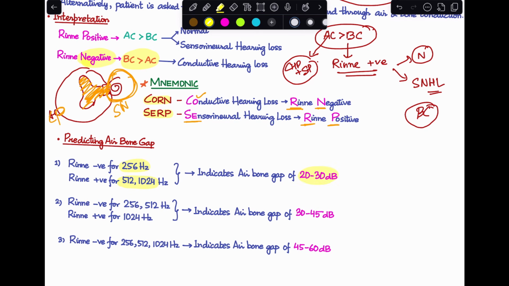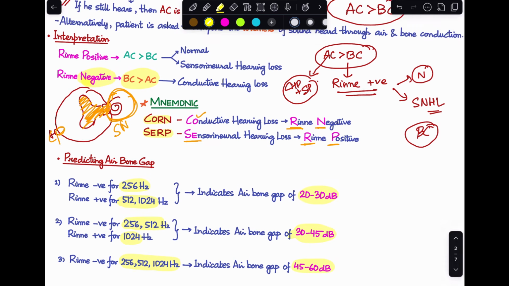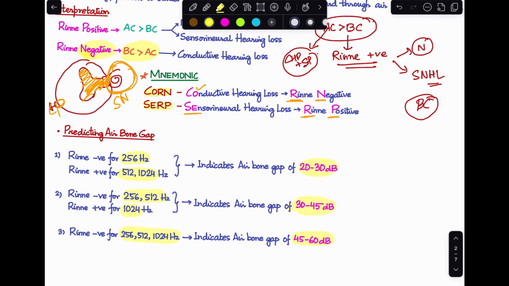Second, if Rinne is negative for both 256 and 512 Hz, but it is positive for 1024 Hz, this will indicate an air-bone gap of 30 to 45 decibel. And lastly, if Rinne is negative for all the three tuning forks that we are using, it will indicate an air-bone gap of about 45 to 60 decibel. So, these are some important things you need to know about Rinne.